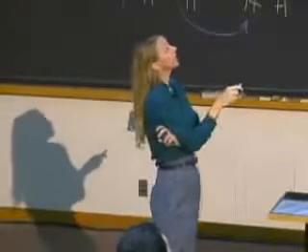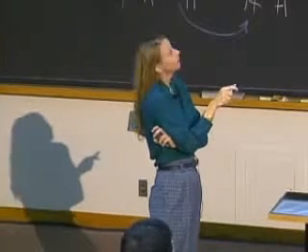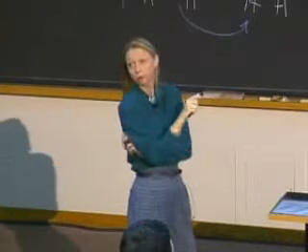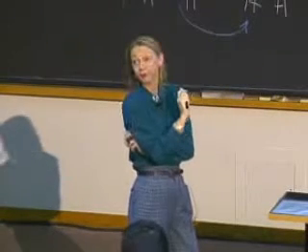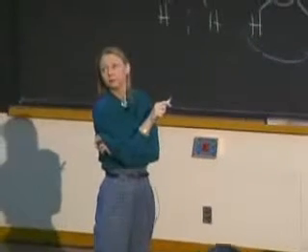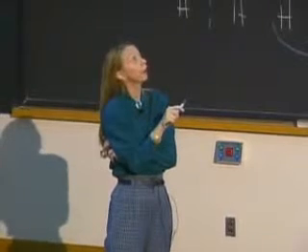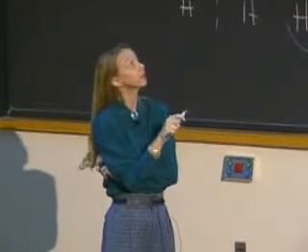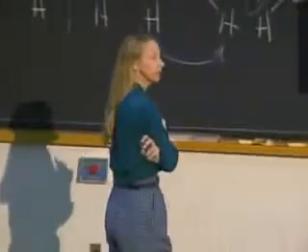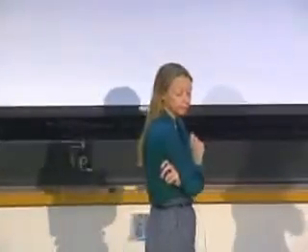One is the force constant K, and the other is the mass. Now, what I've got here is the reduced mass. I'll explain that to you in just a moment, but this is essentially the mass. So the frequency is given by 1 over 2 pi times the square root of K, the force constant, over the mass.